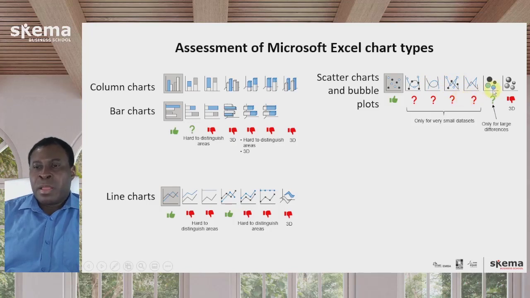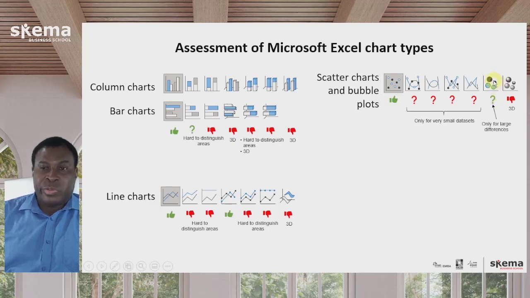Bubble charts are valuable in that you can encode a third quantitative or numeric variable, but they only work if the differences between the bubbles are quite large. People cannot effectively perceive slight differences between the bubbles. Such as these two black dots are very large.